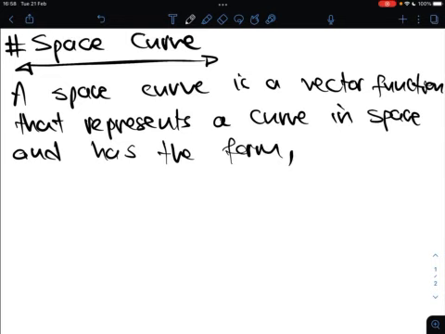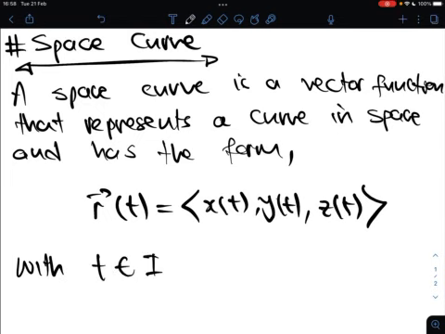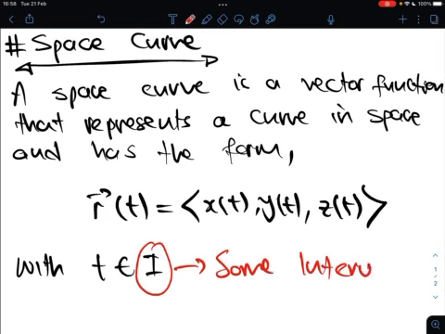This vector function has the form r of t equals x of t, y of t, z of t. The parameter t should always be defined in such a way that it takes values that lie within a certain interval, where this I represents some interval that has been chosen.